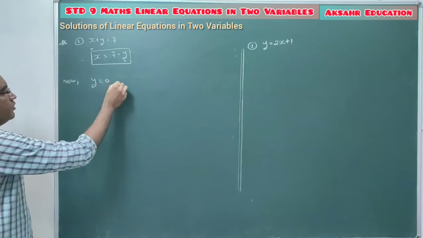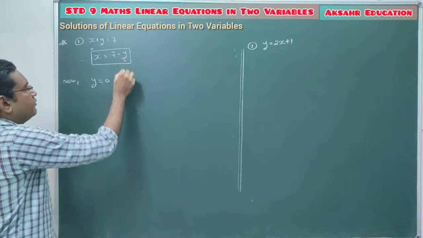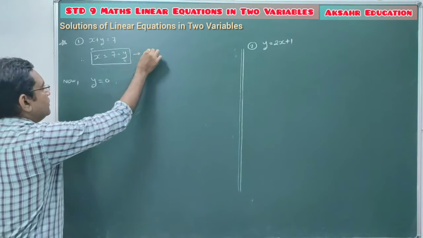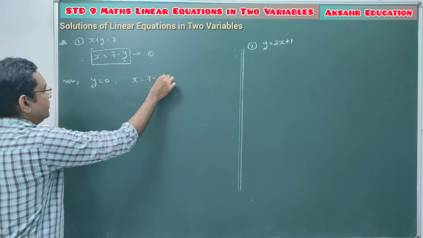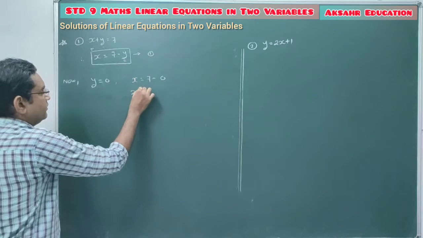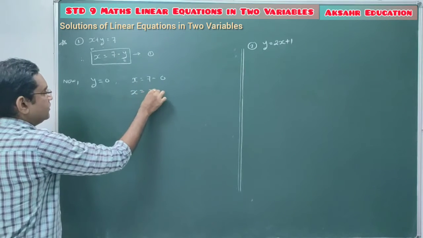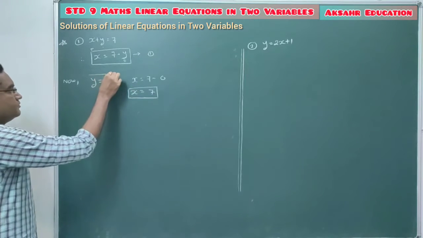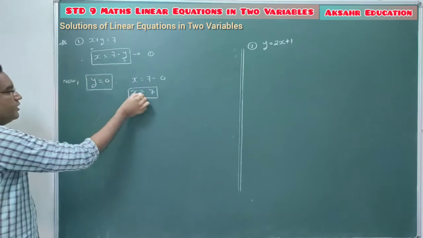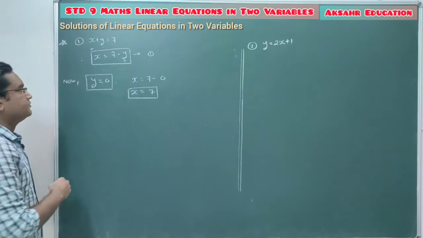If you put y equal to 0 in the given equation, say equation number 1, we get the value of x, which is 7 minus 0. So x is equal to 7. So for y equal to 0, we get x equal to 7.